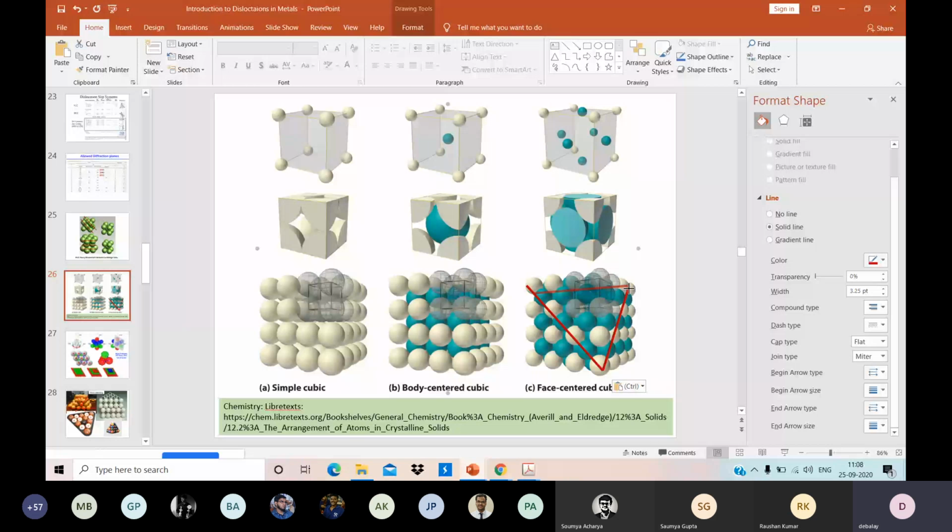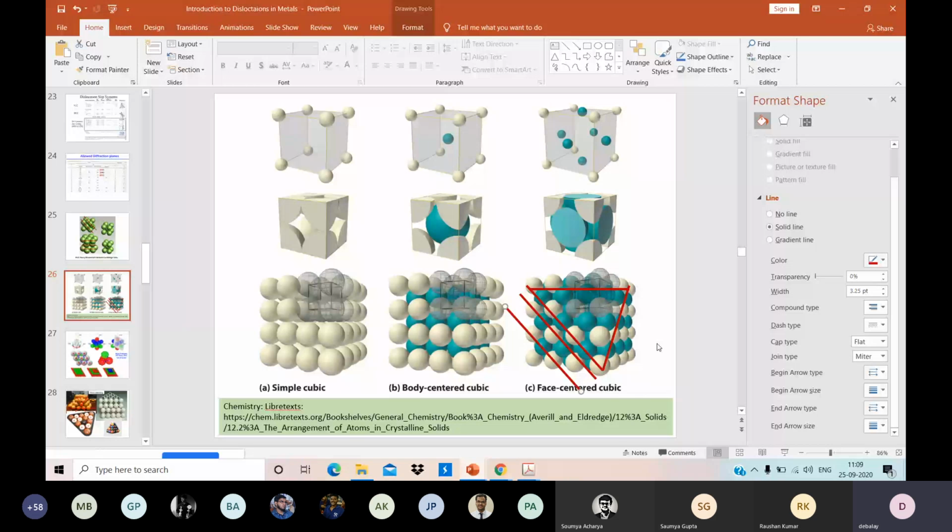So I see the structure as alternate layers of 1 1 1 planes, and when they slide, they slide. So this is one layer I am drawing, and this is the next layer, this is the next layer, and so on and so forth, and they slide with respect to each other.